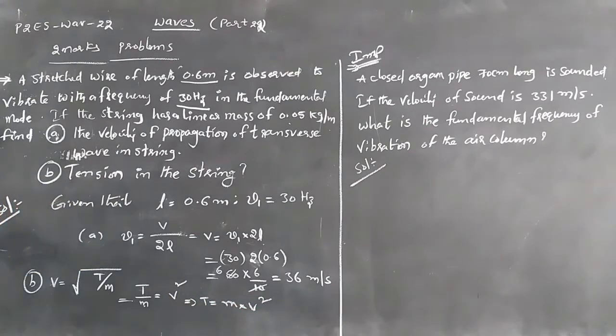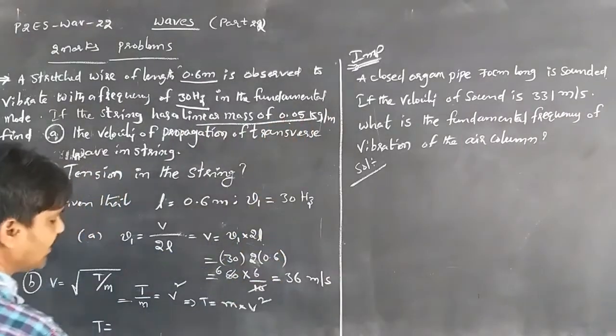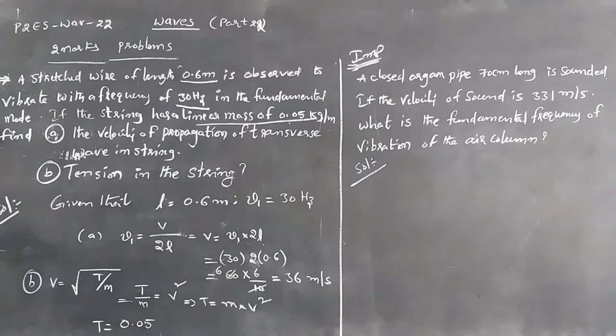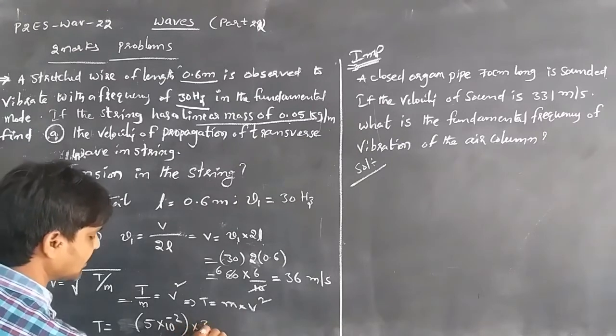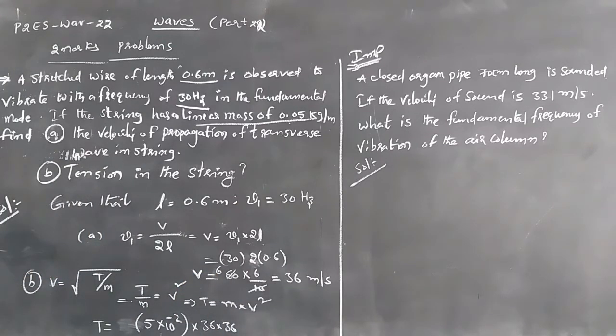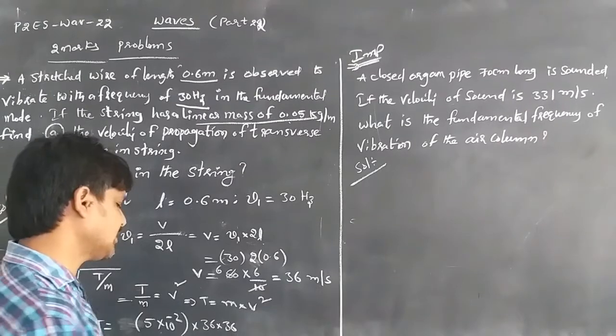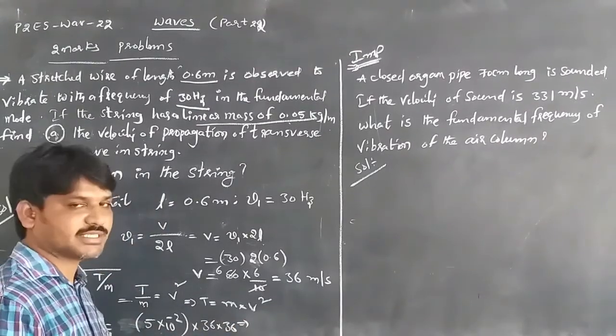Here the value of mu is given as linear mass density 0.05, which we can write as 5 into 10 to the power of minus 2, into 36 into 36, because we got the value of V as 36. 36 into 36 is 1296.